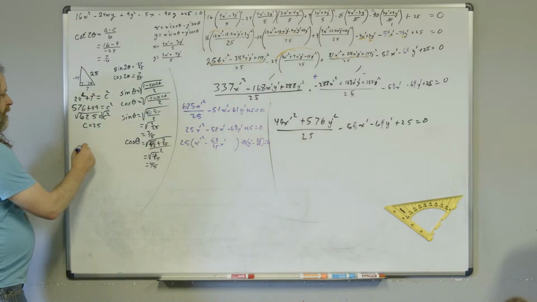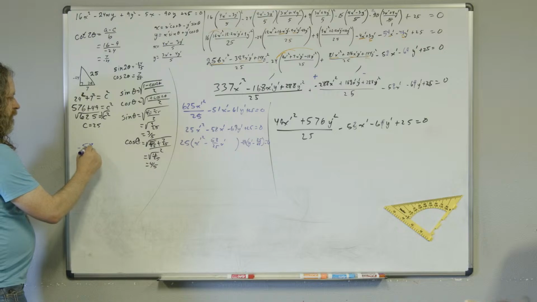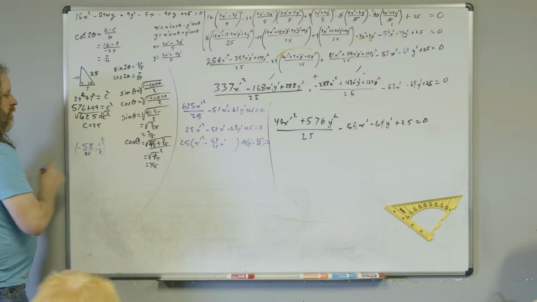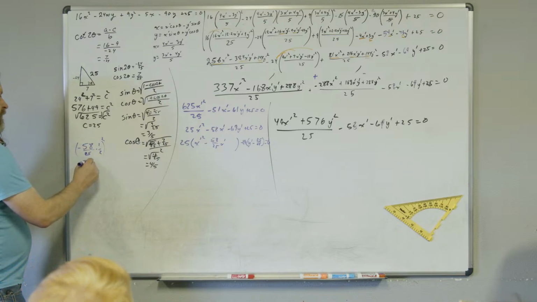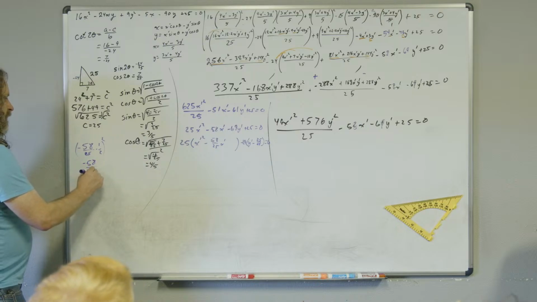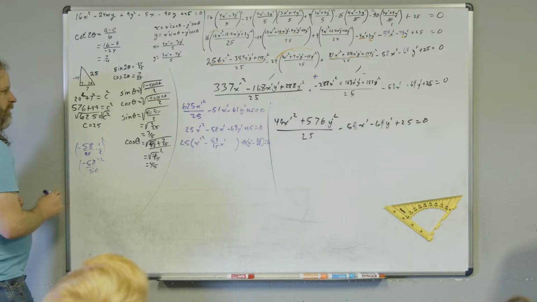So negative 58/25 times 1/2 squared is negative 58/50 squared, which is something big and ugly.